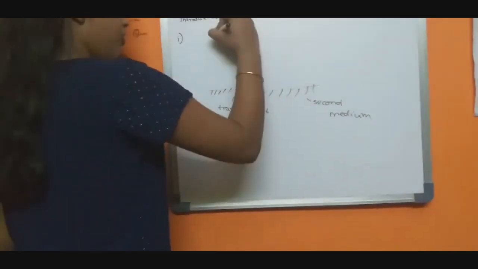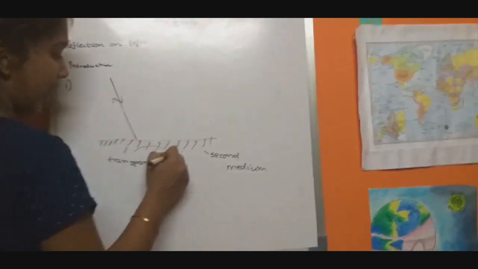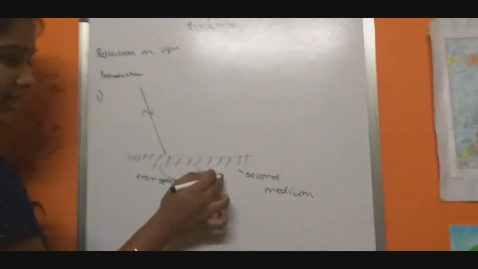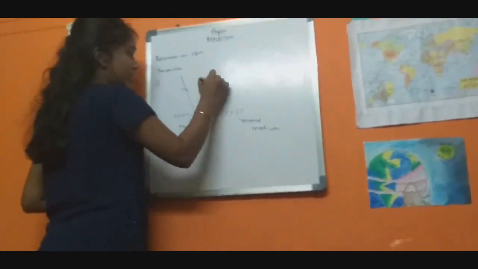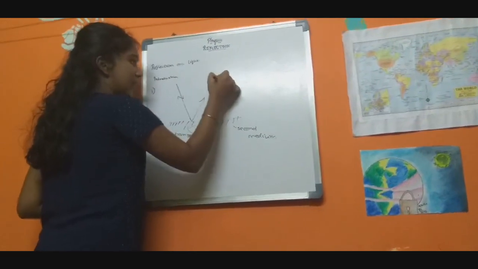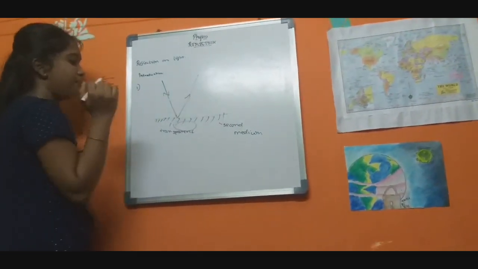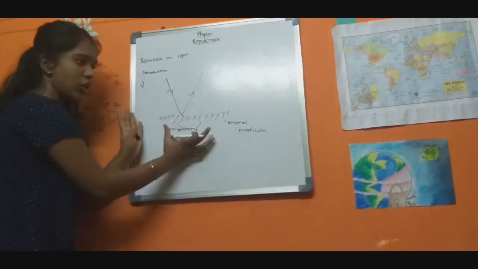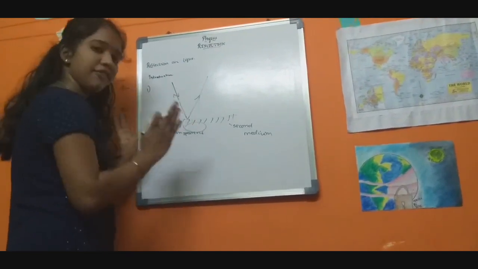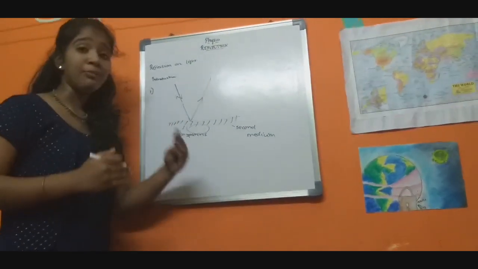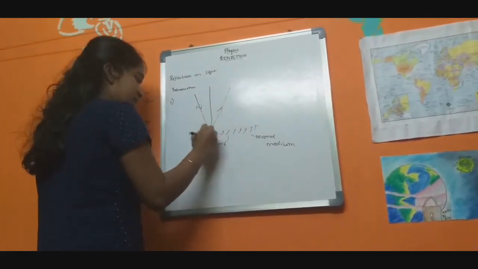If light falls on this surface, some light is absorbed by this medium, and some is turned back into the first medium itself in a definite direction. That is our reflection. Some portion of light is absorbed by the surface, some portion is reflected by the surface, and the remaining portion of light enters the surface.